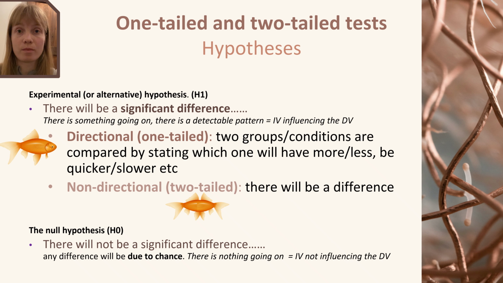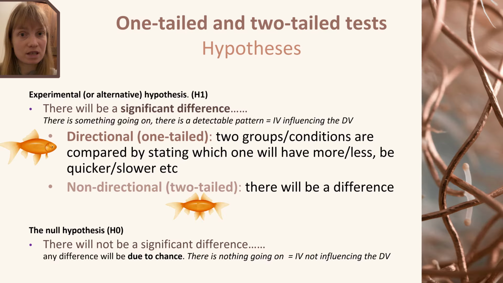In order to determine whether we need to use a one or two-tail test, we need to look at the hypothesis. An experimental or alternative hypothesis predicts that there will be a significant effect. Something is going on. If the hypothesis is directional, like saying one condition will score higher or lower, respond faster or slower, etc., basically indicating a direction, then we use a one-tailed test.